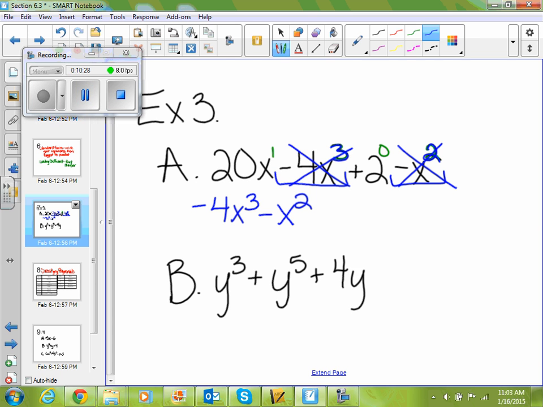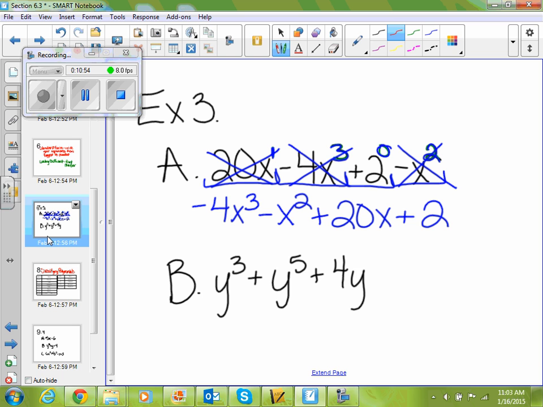Then my next biggest exponent is this 1. So I'm going to take this whole term plus 20x, and that comes next. And then my last exponent is this 0. So I'm going to take this term of plus 2, and that goes last.